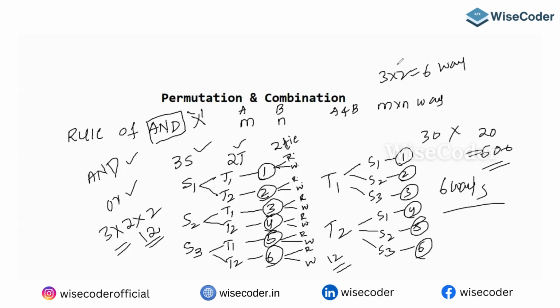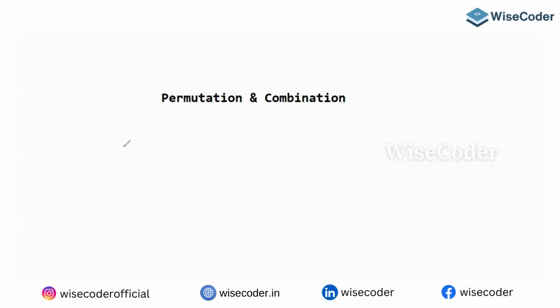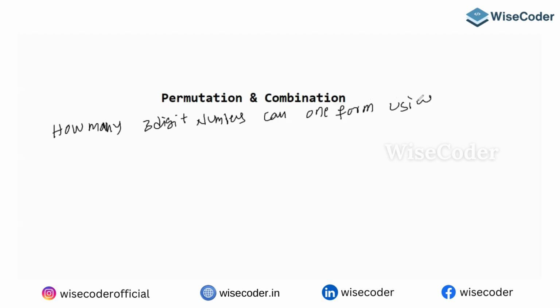But someone is going to ask you: how many three digit numbers can one form using 1 2 3 4 and 5, each digit used only once?